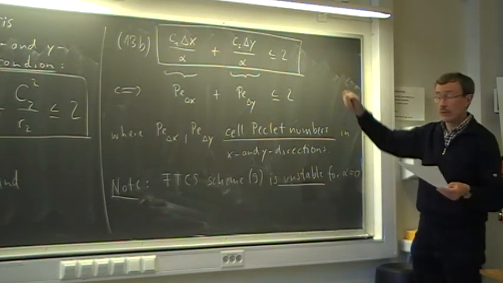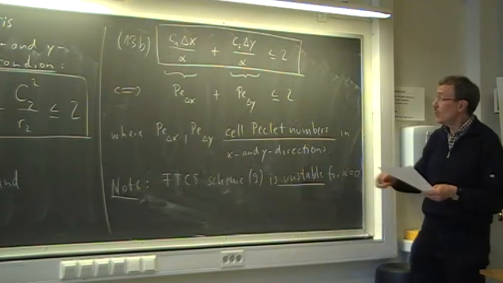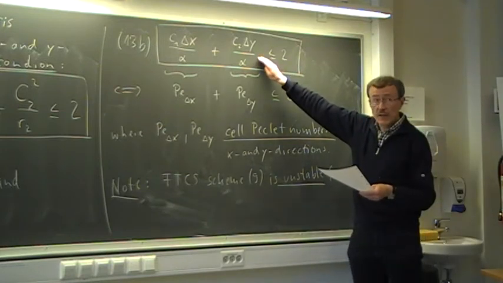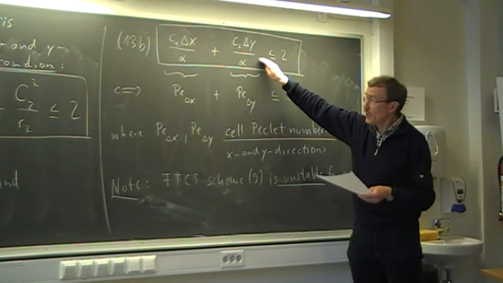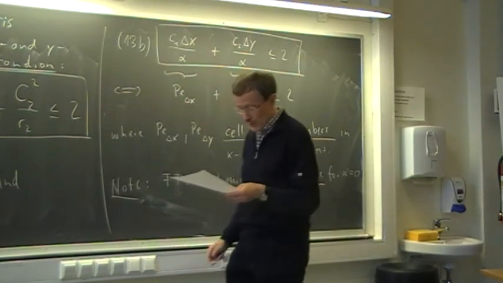Because then we cannot satisfy this condition. And if alpha is greater than 0, we have to choose the grid spacings delta x and delta y small enough that this condition is satisfied, and then we can choose the time step according to this condition.